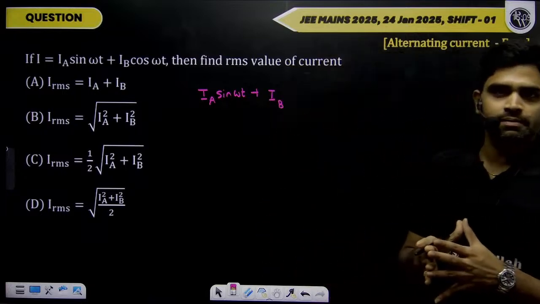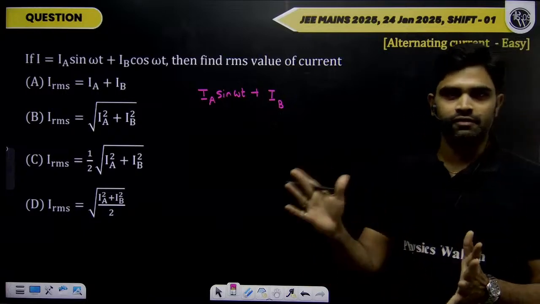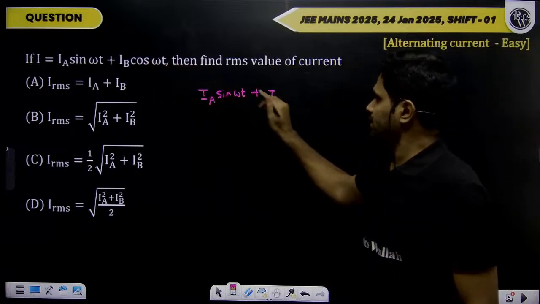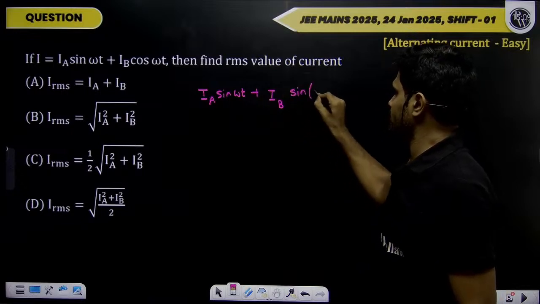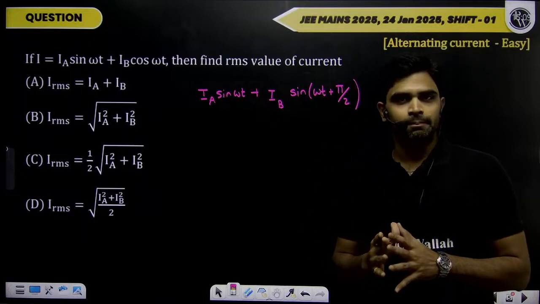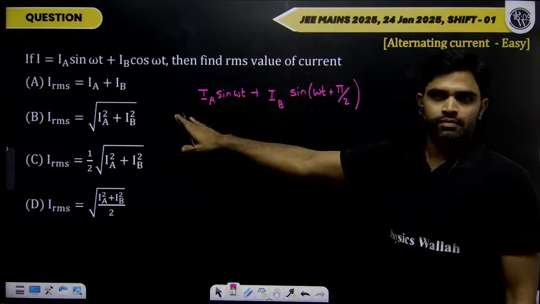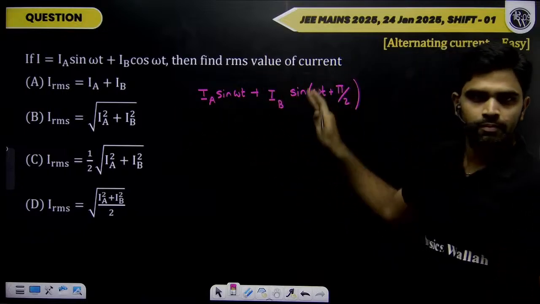But to use the phasor method, we need to convert all the functions into either sine or cos, so that you can compare the phases. So cos omega t can be converted into a sine function like this, sine omega t plus pi by 2. So now we have two phasors having a phase difference of pi by 2.